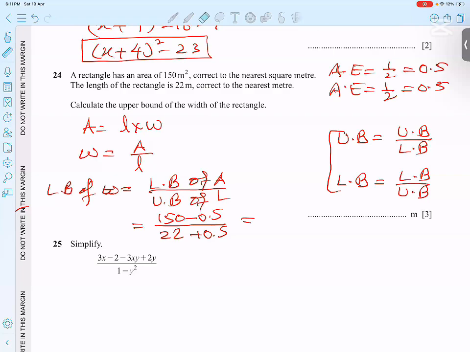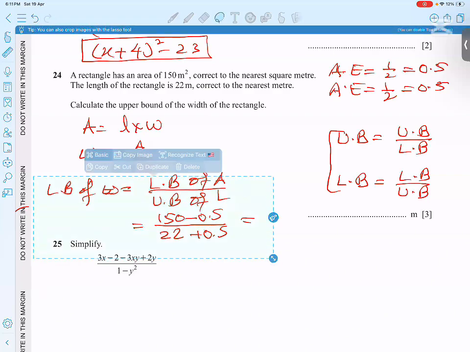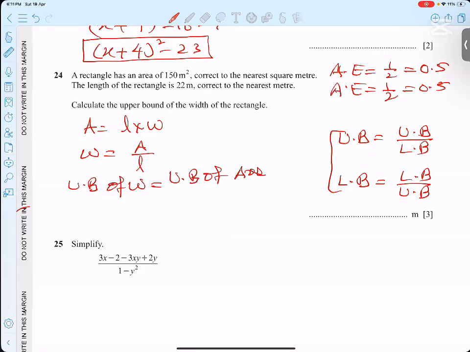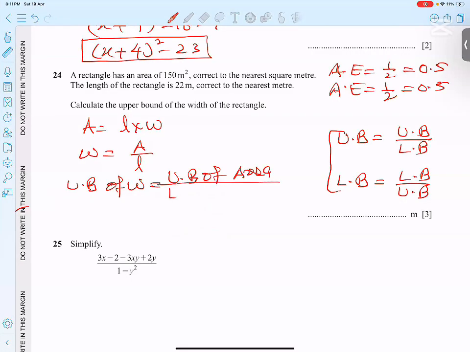One minute, please, students. He is not asking for the lower bound. Sorry for that. He is asking for the upper bound. So the formula is: upper bound of width is upper bound of area over lower bound of length.